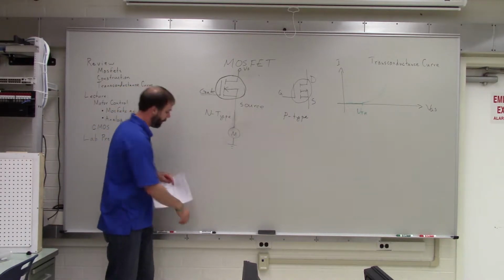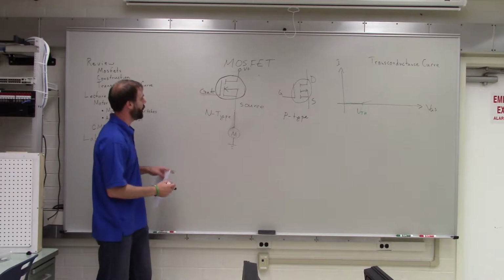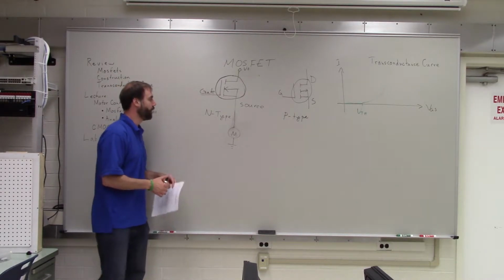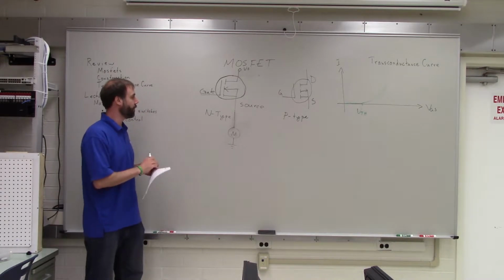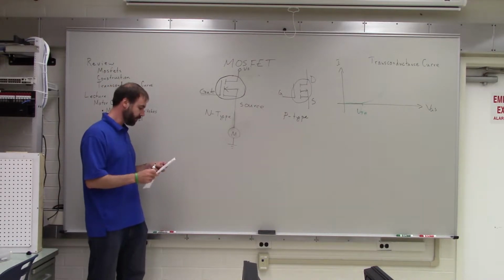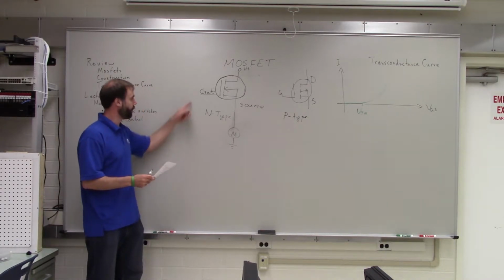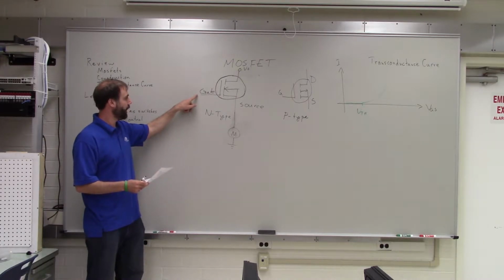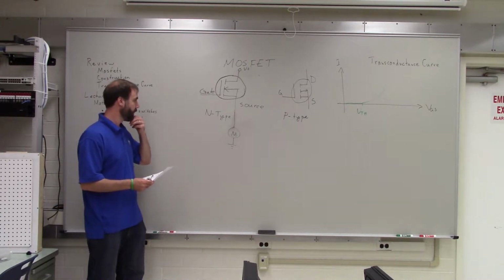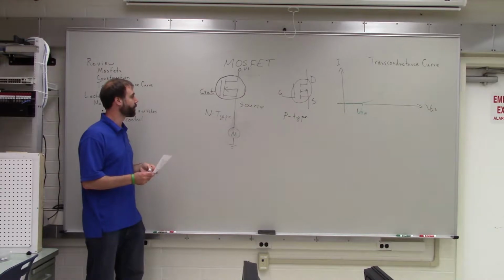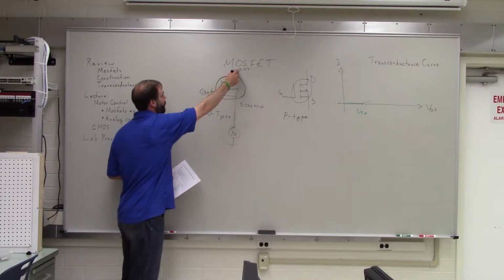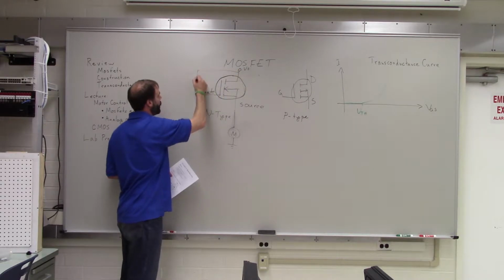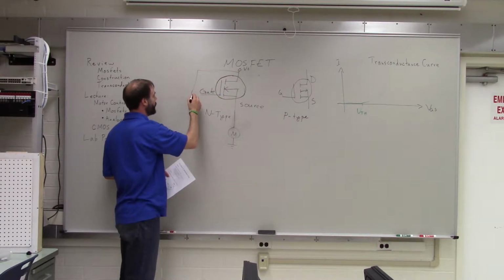We know that an N-channel or an N-type MOSFET turns on when you have a high gate voltage relative to the source. So what we could do is have a wire over here and a switch.